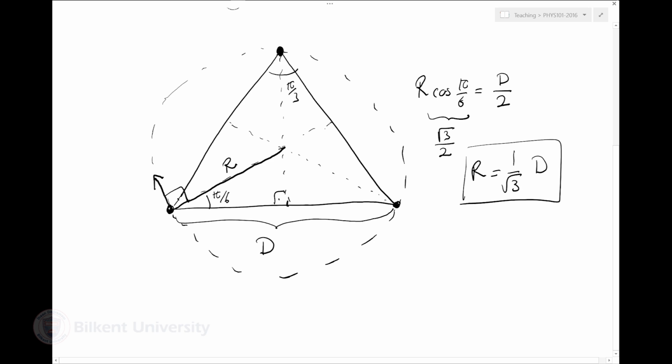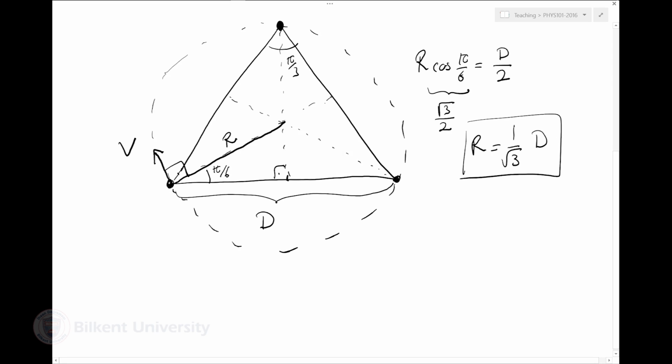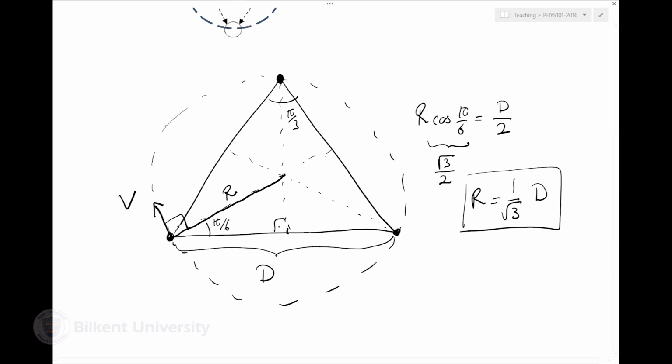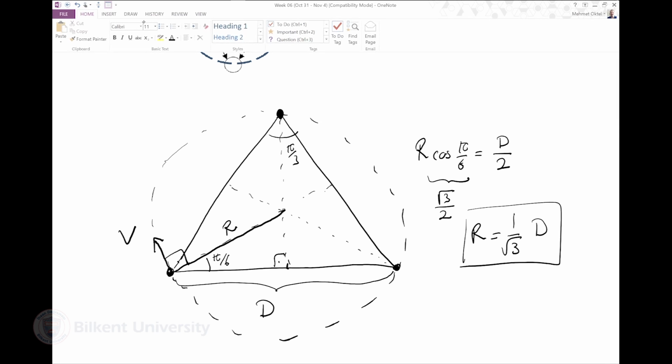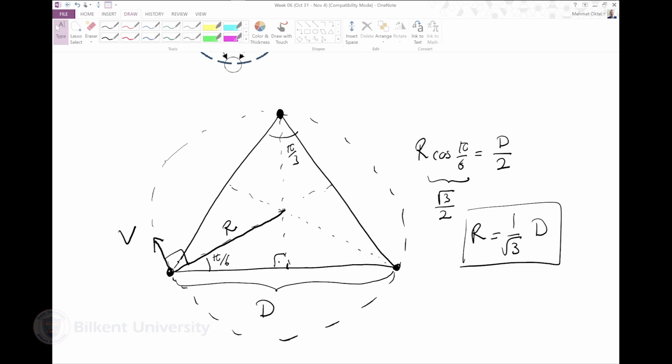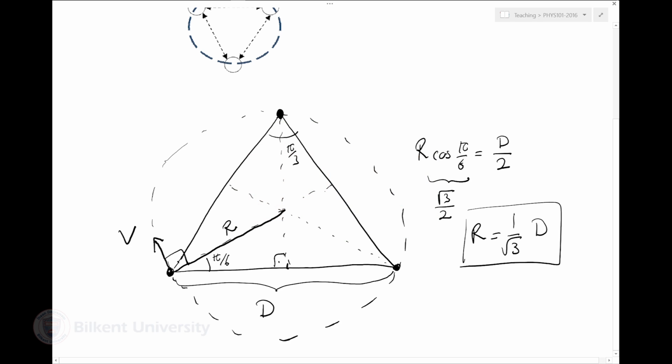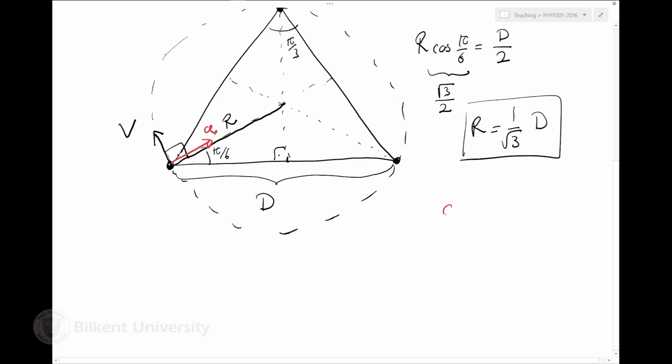Now that we understand which way this planet moves, let me ask you, does it have an acceleration? Yes, it does have an acceleration. Which way is this acceleration pointing? This is uniform circular motion, which means it must be pointing towards the center. So this is going to be my acceleration, and my acceleration magnitude will be v square over r, right?